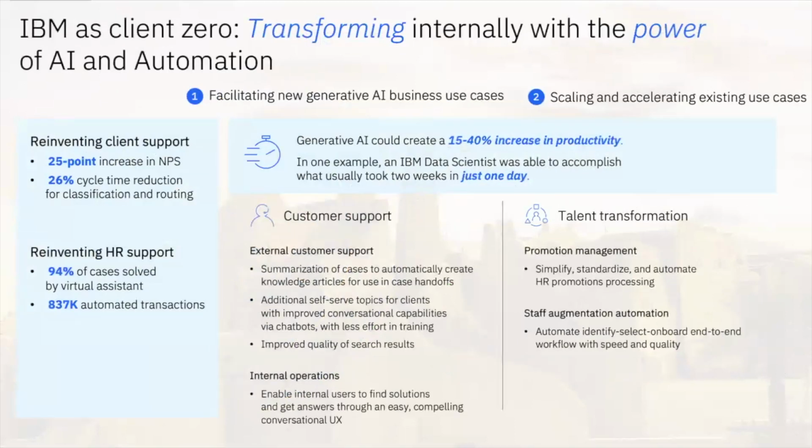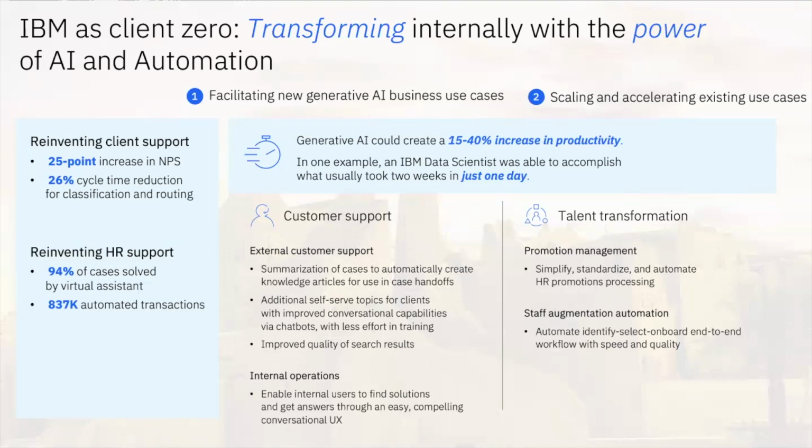As I mentioned, at IBM we call ourselves client zero. So once watsonx Orchestrate went live, we were the first client using it. We are more than 300,000 employees in IBM. We are using watsonx Orchestrate in many different departments. We are using it in HR and the quarterly promotions.